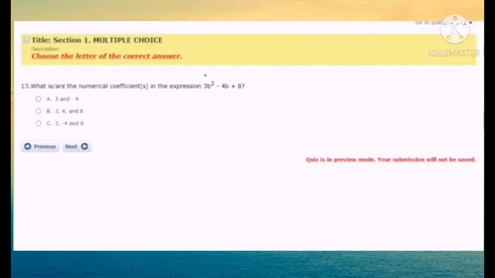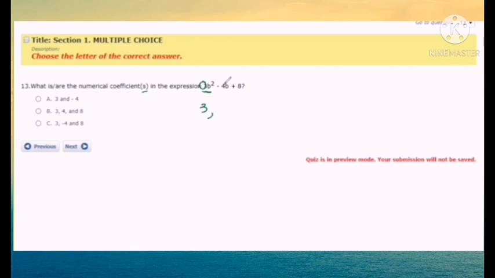Number 13, what are the numerical coefficients in the expression? Okay, so when we say numerical coefficient, they are used to multiply or they are used as a product in a certain term. So in the first term, the number here is 3. So 3 is a numerical coefficient.